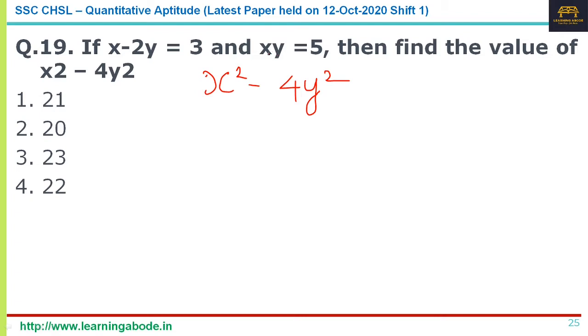So x into y is 5 means probably it can be 5 into 1 equal to 5, or 1 into 5 equal to 5. Then x minus 2y equal to 3 means, I've assumed x is 5 and y is 1. So 5 minus 2 into 1 is 2. 5 minus 2 equal to 3.